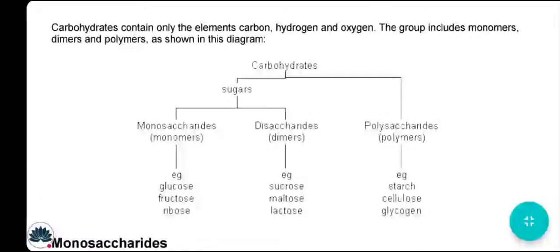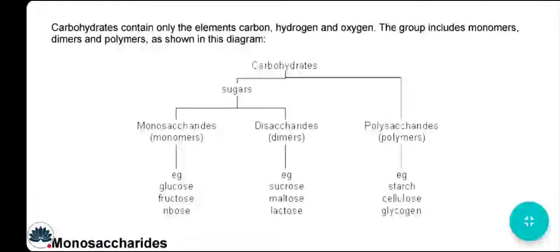The general formula for the carbohydrate is (CH2O)n, where n is the number of carbons. From ribose, fructose, and glucose, you can see that glucose is C6H12O6.